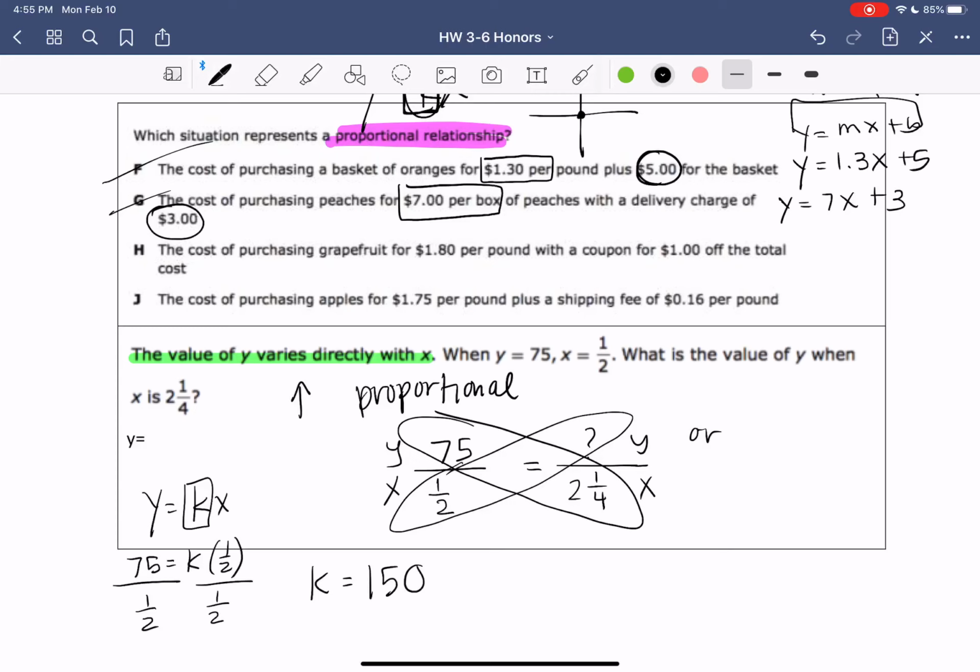So 150 is our k, and then we can set up our equation. We're looking for y, so y equals 150 times 2 1/4, since we now know k equals 150 and x is 2 1/4. Either way, you'll be able to get your answer. Whether you use this way or this way, you'll get the same answer, and hopefully this is helpful.